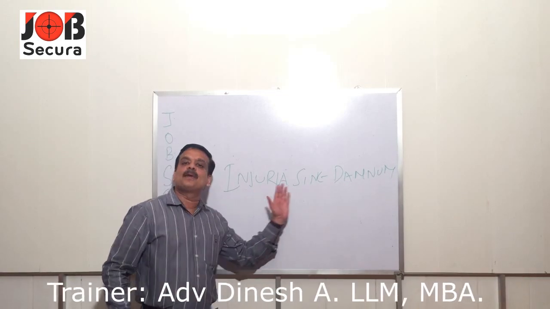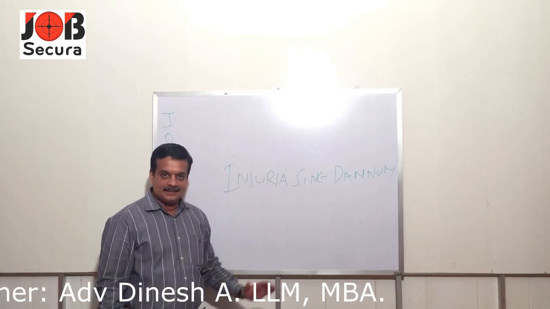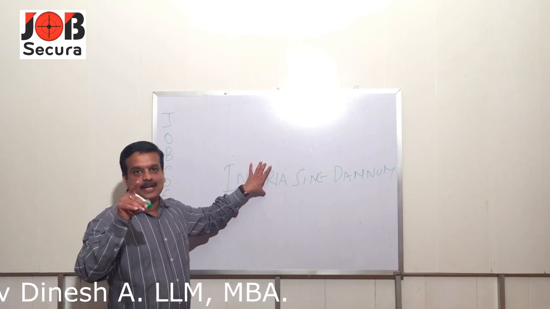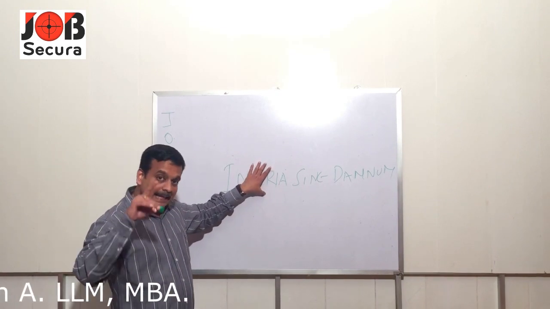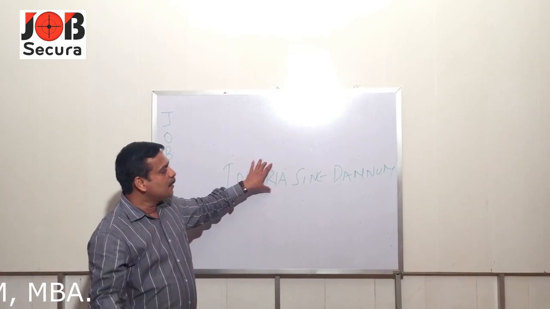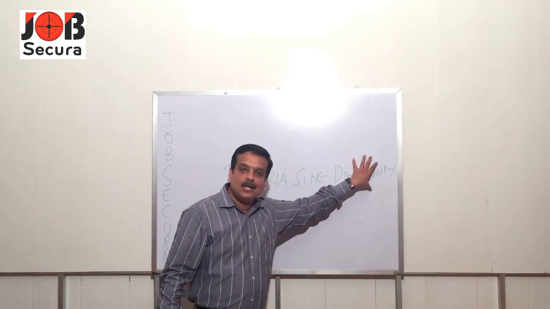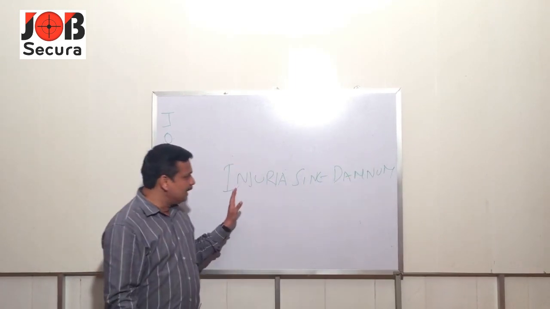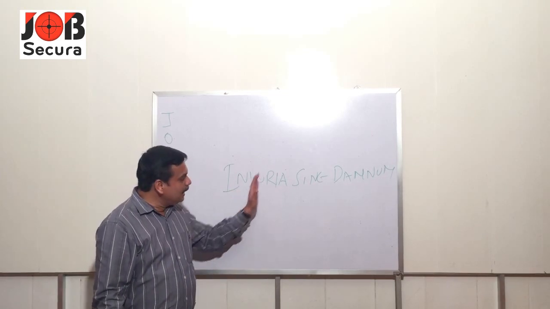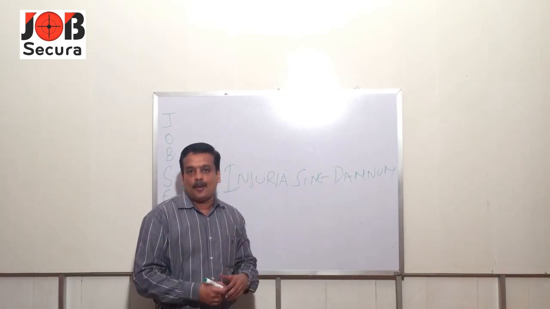In this principle, a legal injury is happening, but there is no corresponding damage. There is no monetary loss, but there is a legal injury. Will the plaintiff be compensated?